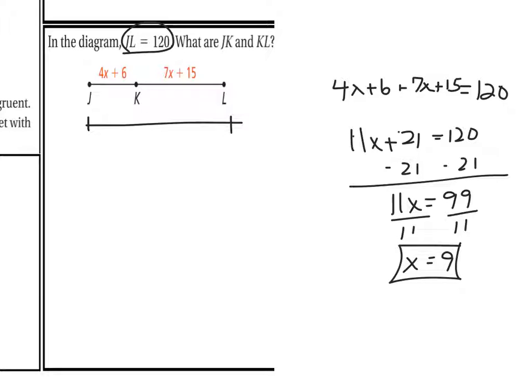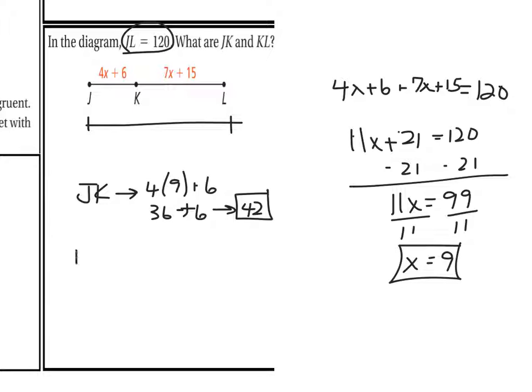Again, I'm going to plug that back in to find my JK. 4 times 9 plus 6, that's 36 and 6, which is 42 units. And then KL, which is 7 times 9 plus 15, that's 63 and 15, which is 78.